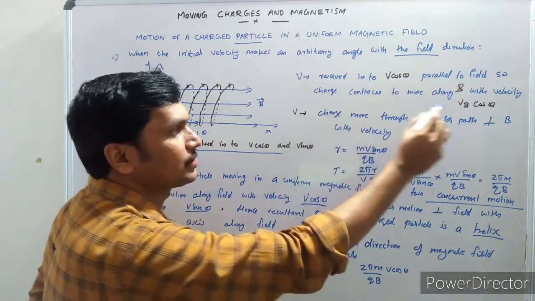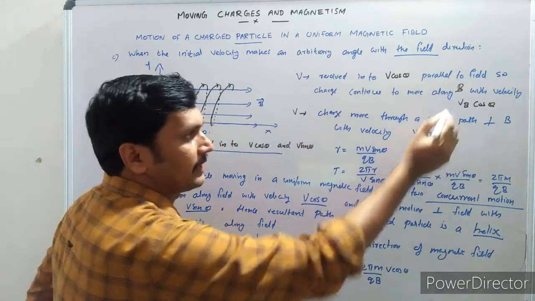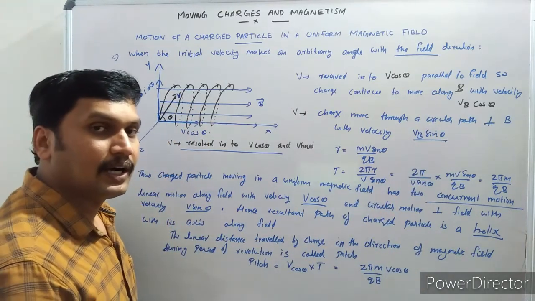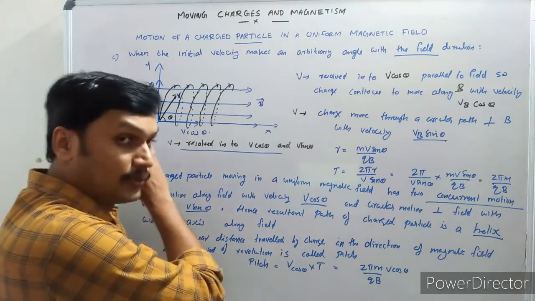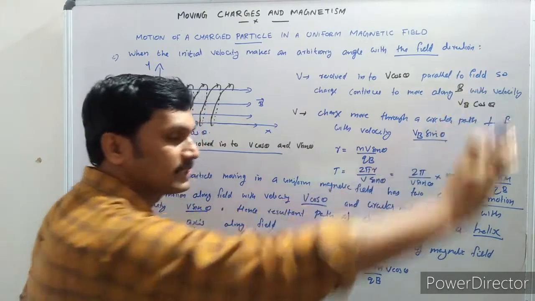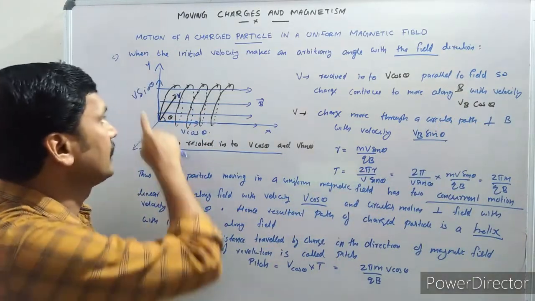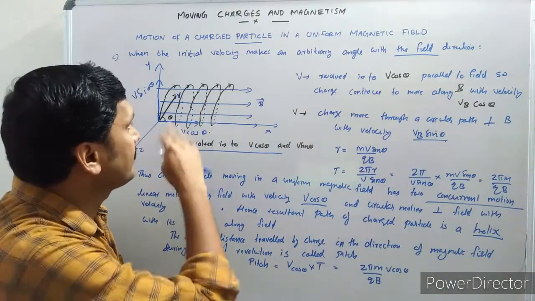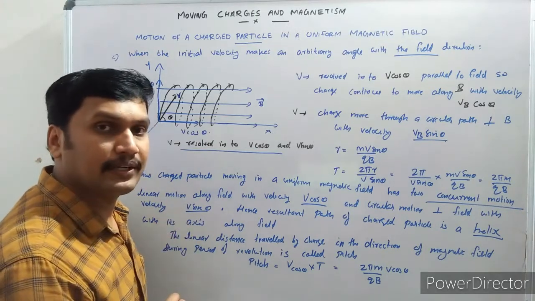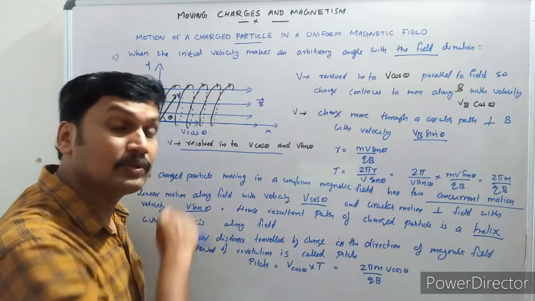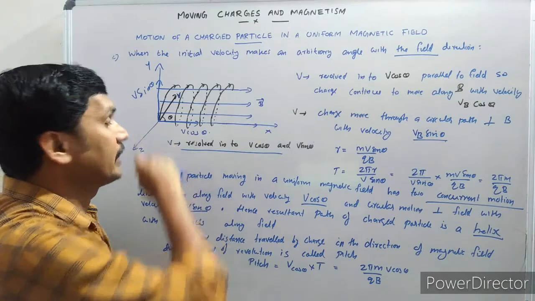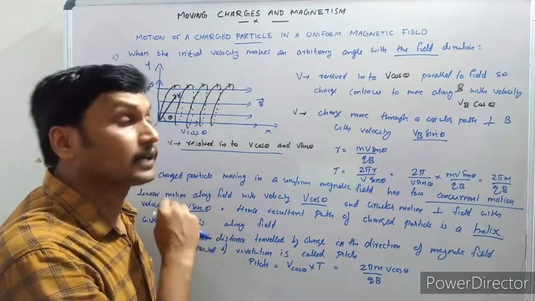At the same time, it has another velocity v sin theta, which is perpendicular to the magnetic field, and we know that the perpendicular component of velocity helps it move in a circular path.